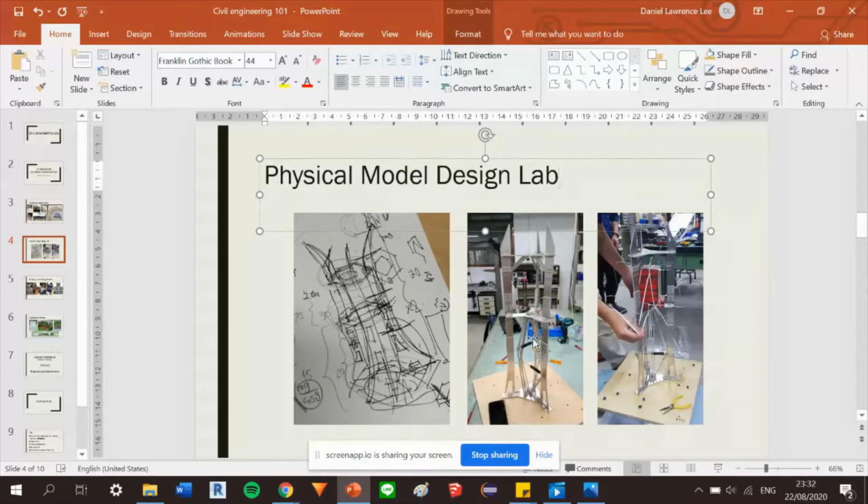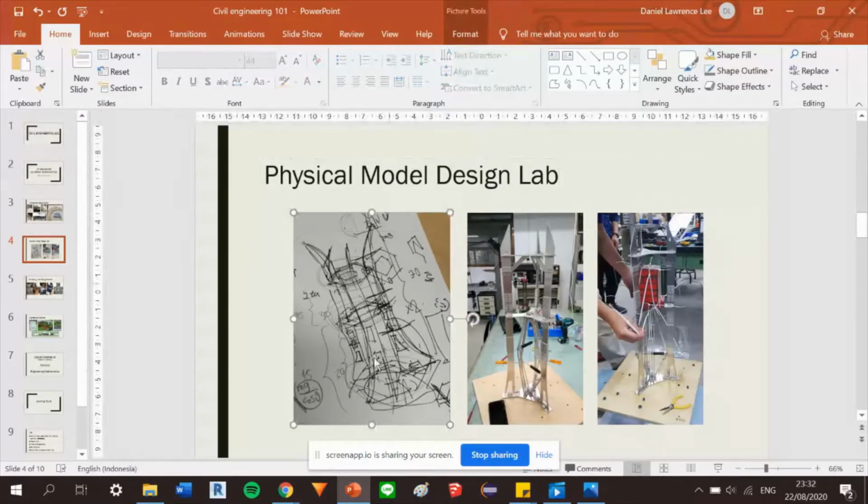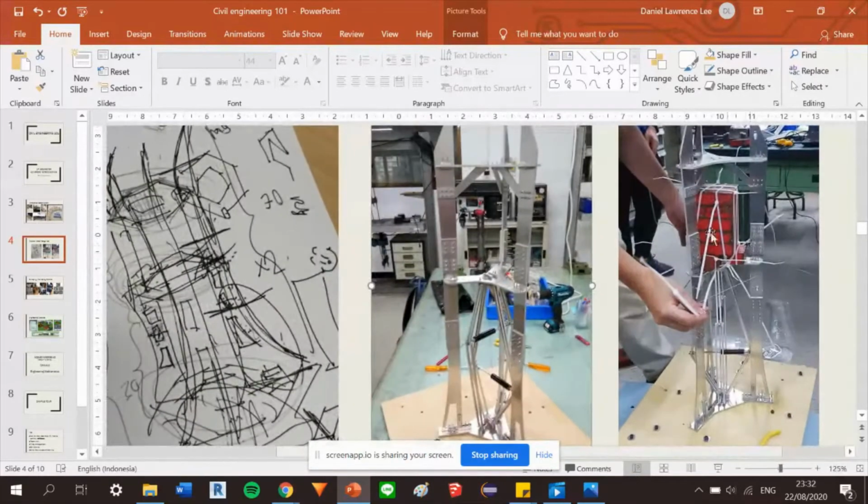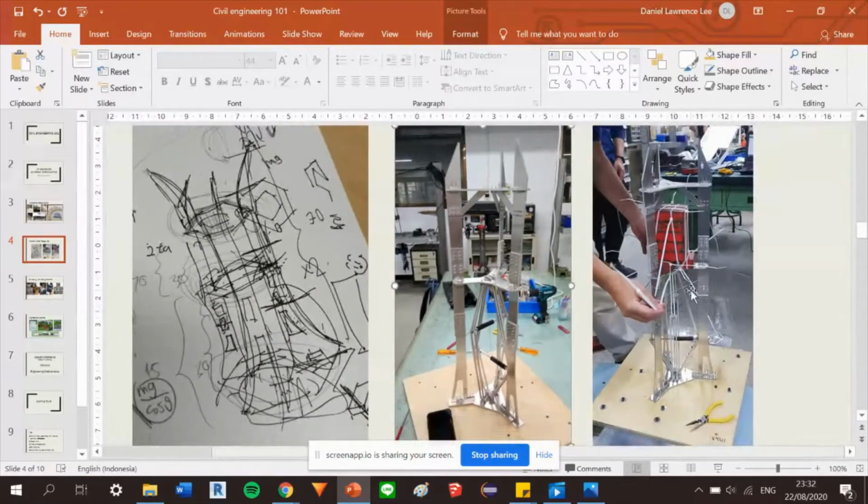So this is aluminum. First of all, you need to come up with a design, and then you go through a lot of processes to make this design into something real. And here we make a tower, and then we test this tower by attaching some load like this one, and we test the strength of it and the forces.